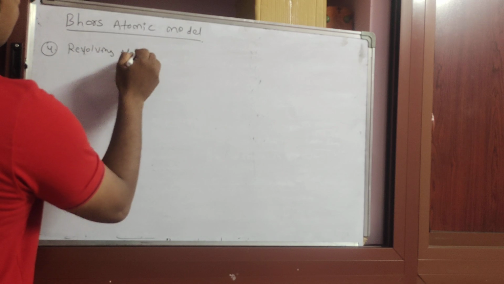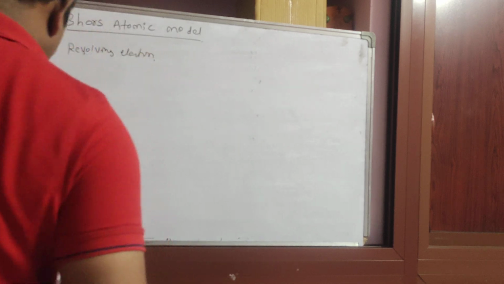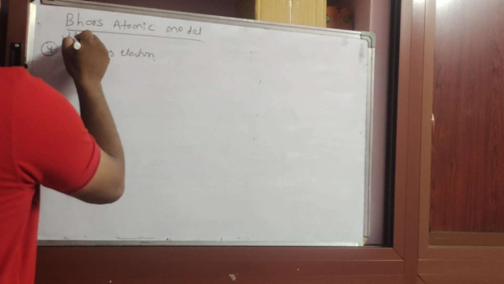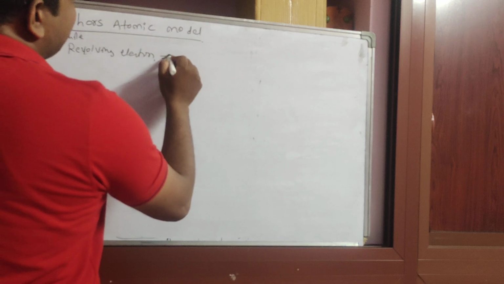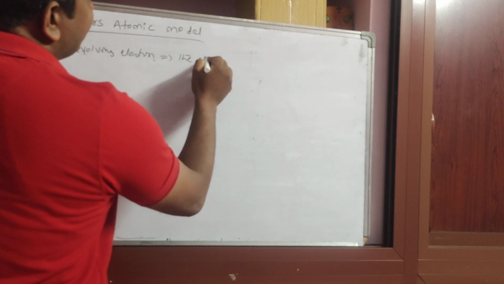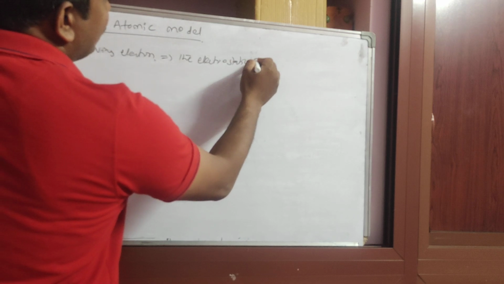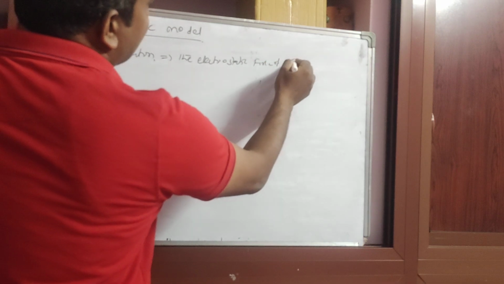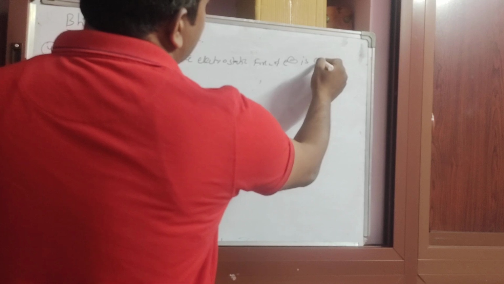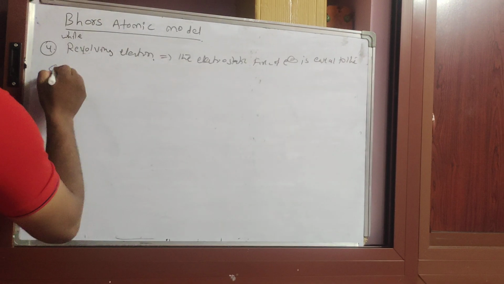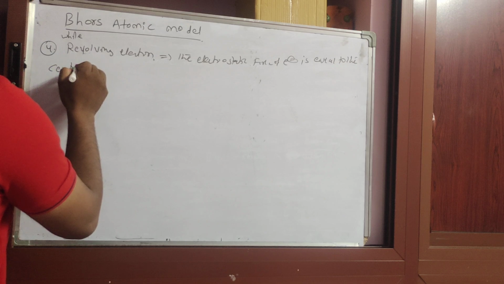While the electron is revolving, the electrostatic force on the electron is equal to the centripetal force.